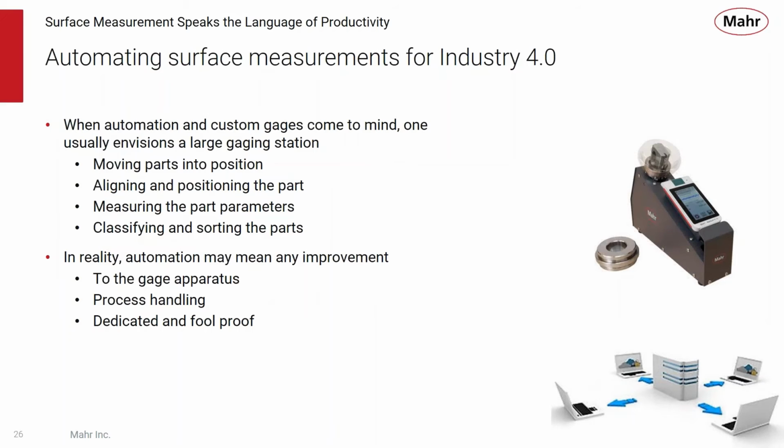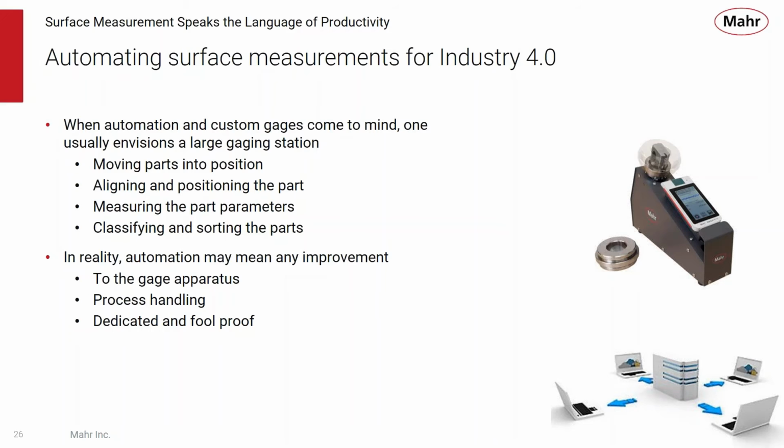Now, normally when you think of automation and custom gauges, one envisions these large gauging stations with moving parts into position, aligning and positioning the part, measuring the part parameter, classifying and sorting the parts. But in reality, automation means a lot of different things.